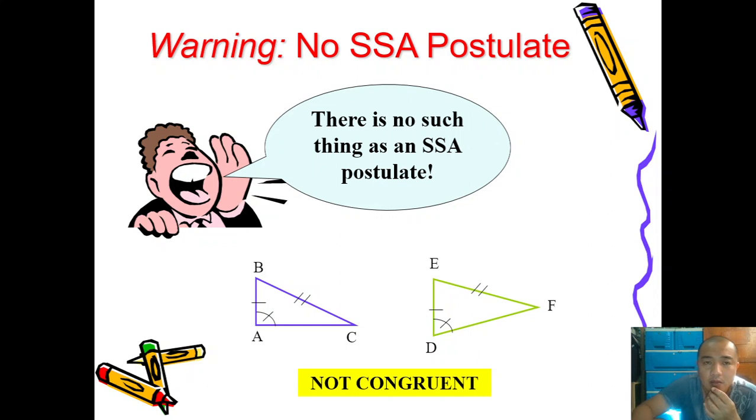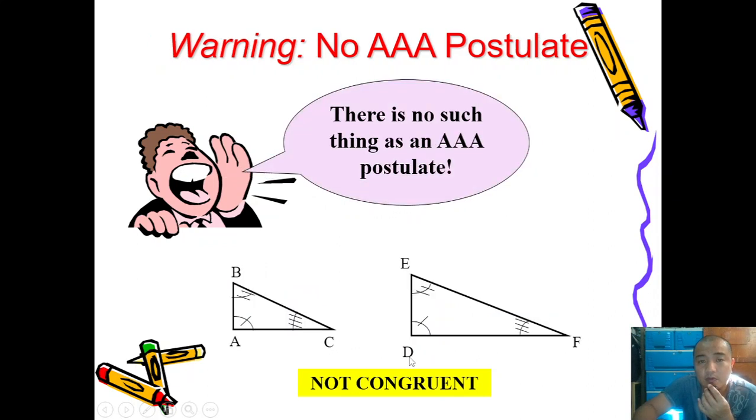Warning, there is no SSA postulate. There is no such thing as an SSA postulate. That means side angle postulate. Depende yun. Not congruent. Well, there's no such thing as AAA postulate. Not congruent. Diba?